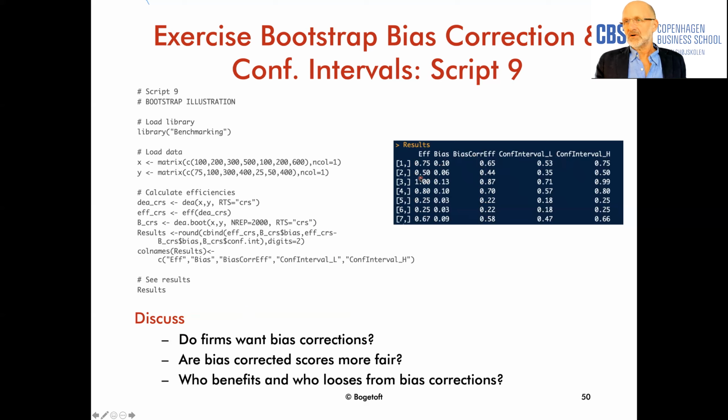And you can see also that sometimes you have a wider confidence interval. Different firms have different bias levels, basically, because it depends on how certain you are in this area that this firm is located. So think about if firms would like bias corrected efficiency scores, if it's a good idea to do bias corrected.